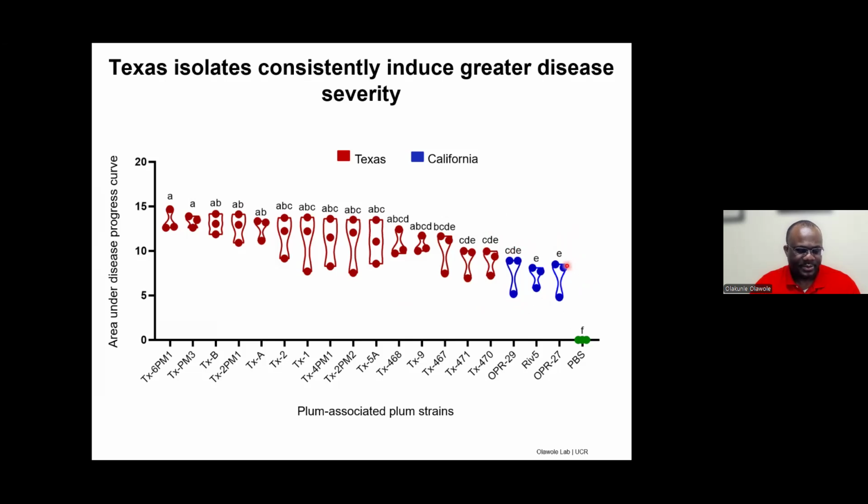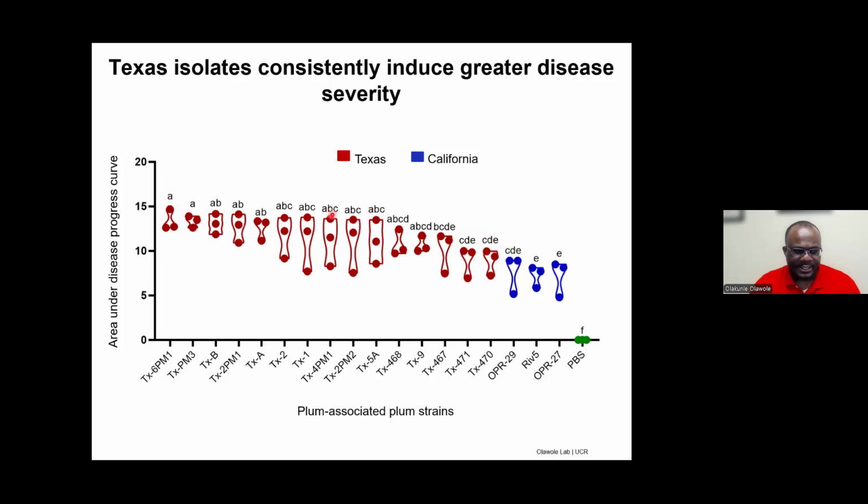But at the time we performed the study, we had all of these Texas isolates and just 3 isolates from California. This was because these strains are quite challenging to isolate, and that's why we probably don't have a lot of those collections out there in public. The California isolates consistently exhibited lower virulence.